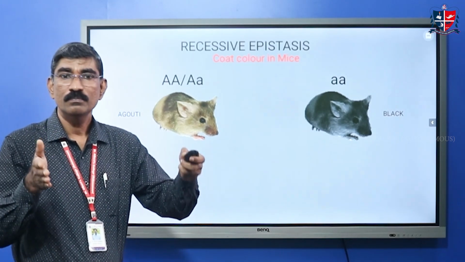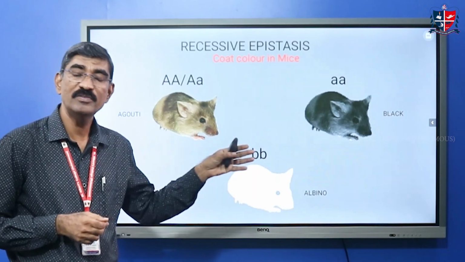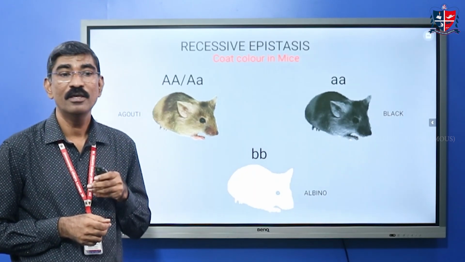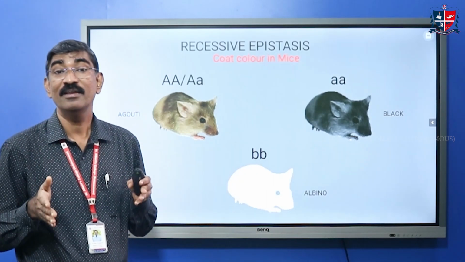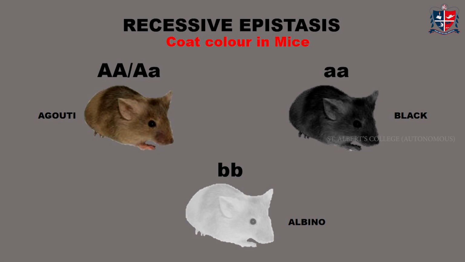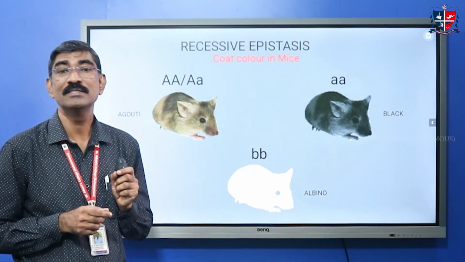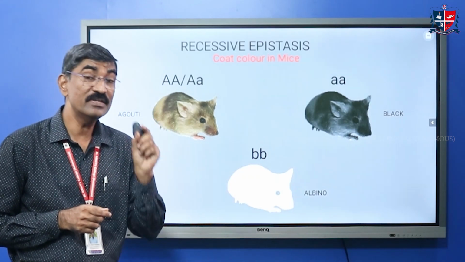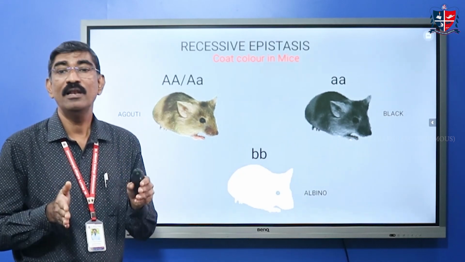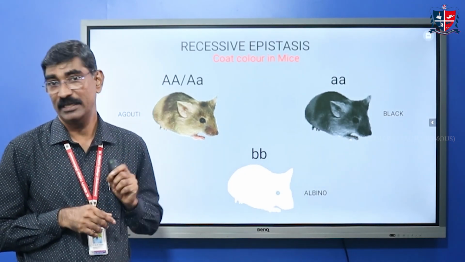Then the epistatic gene, here it is denoted as small b, small b. If the epistatic gene is in the recessive condition, that is small b, small b, see, this inheritance is recessive epistasis. So the recessive condition of the epistatic gene will suppress the expression of the hypostatic gene.